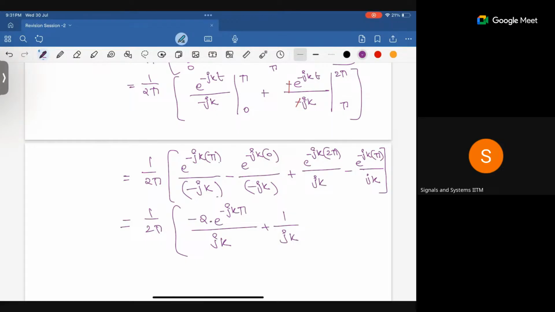So it will just be plus 1 by jk. Similarly, this one also, you see e power minus jk 2 pi. Right. So what will that be? Let me ask you this. E power minus jk 2 pi, what will this turn out to be?